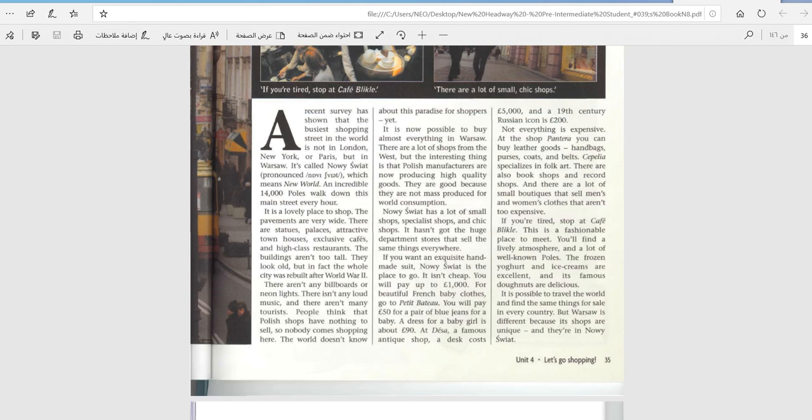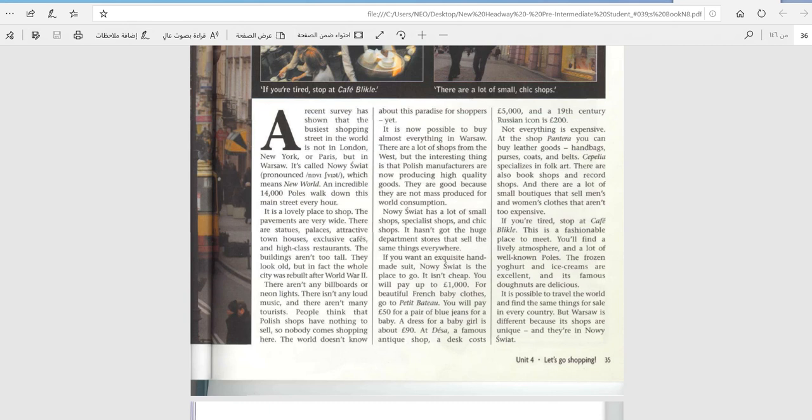If you want an exquisite hand-made suit, Nowy Swiat is the place to go. It isn't cheap. You will pay up to €1,000. For beautiful French baby clothes, go to Bébé Poto. You will pay €50 for a pair of blue jeans for a baby.